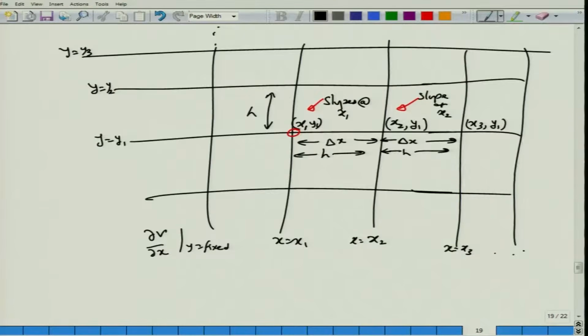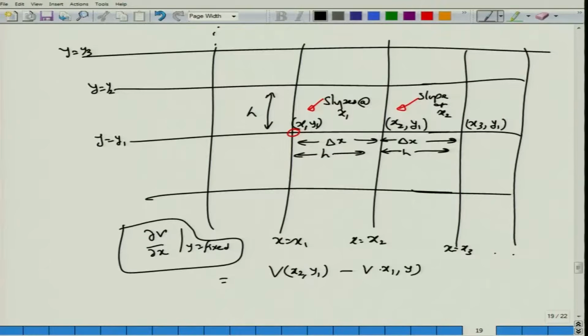So the slope at x1 is essentially del V by del x while keeping y fixed at y1. This can be written as V of x2 comma y1 minus V of x1 comma y1, divided by h. So I get the potential at this point and the potential here, and then divide this by h. Now I don't take the limit. Why don't I take the limit?